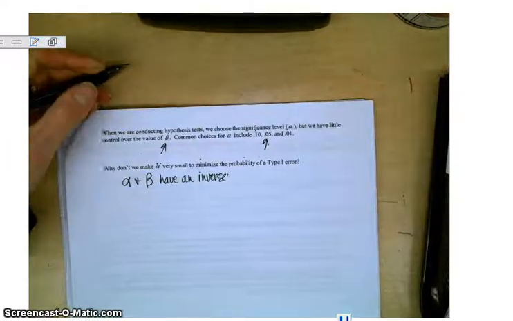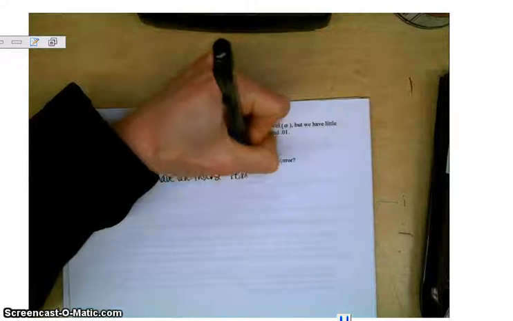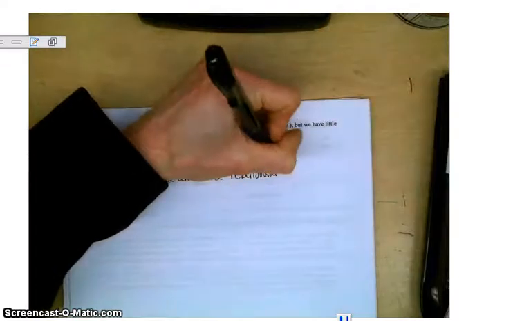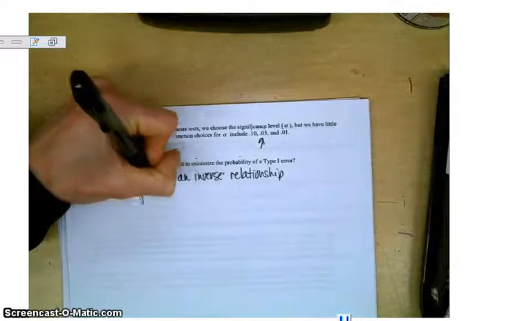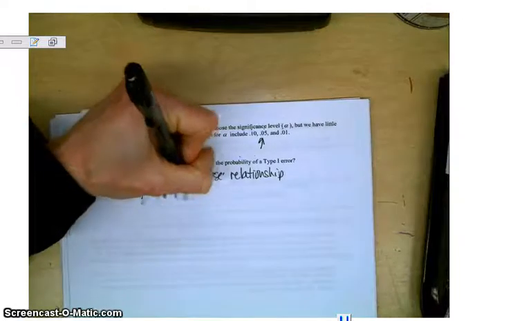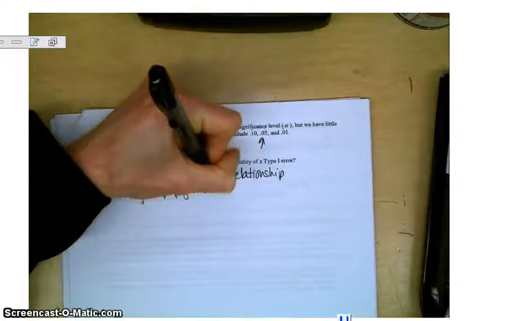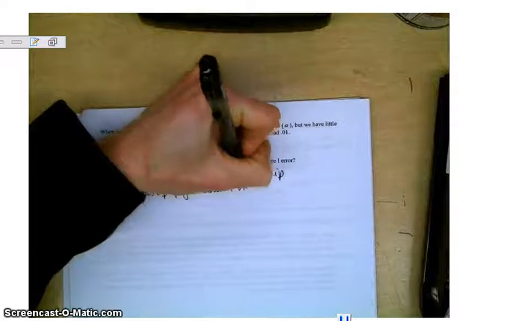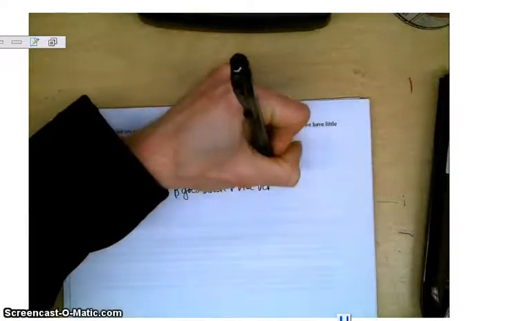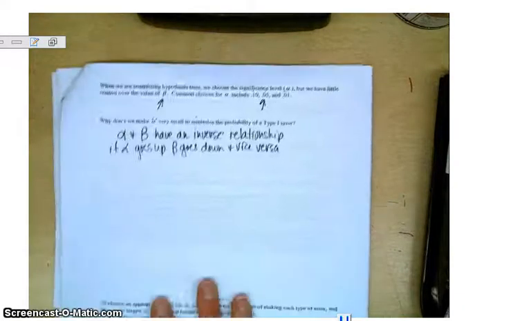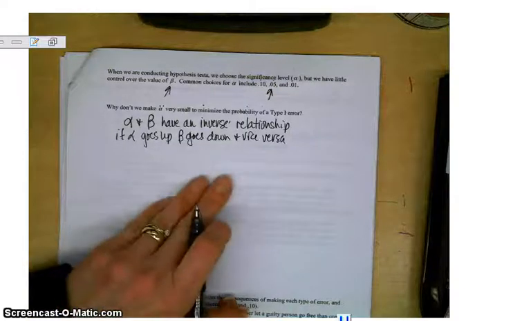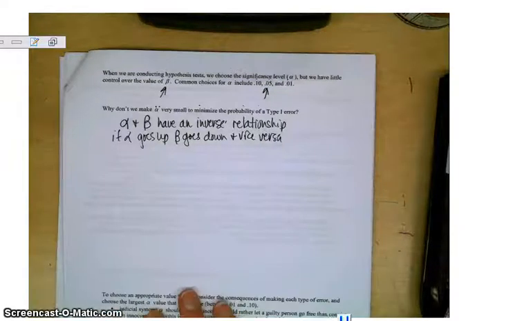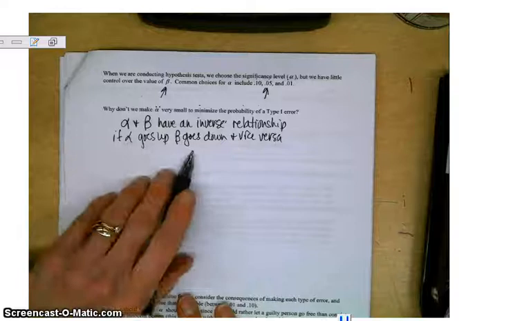But what you need to realize is that alpha and beta have an inverse relationship. Meaning if alpha goes up, beta goes down, and vice versa. If alpha goes down, beta goes up. So the lower you make alpha, the higher beta becomes.